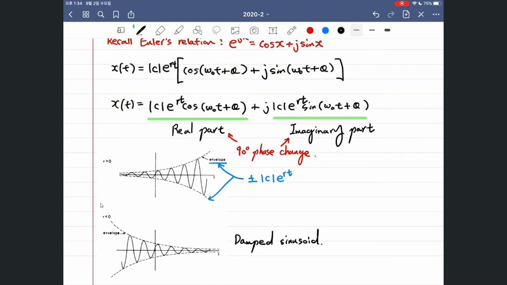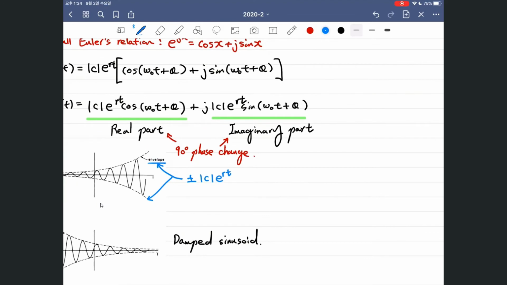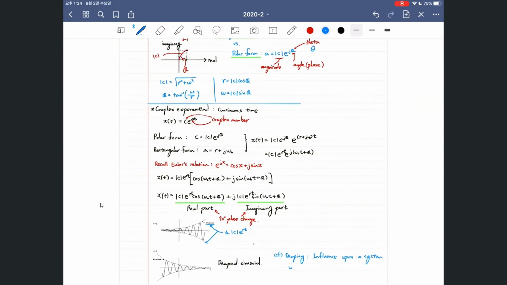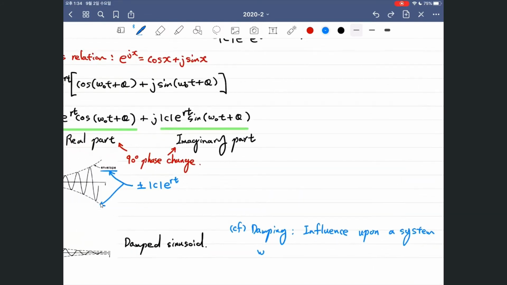The word damping, maybe you are already familiar with it, but we can define damping as the influence upon a system which has an effect of reducing oscillations.